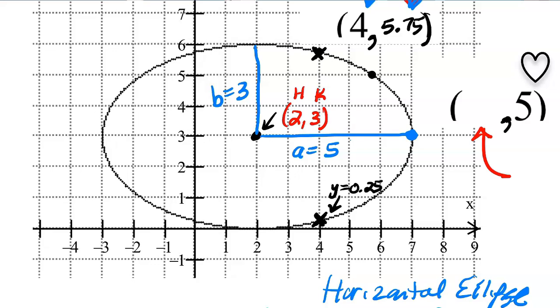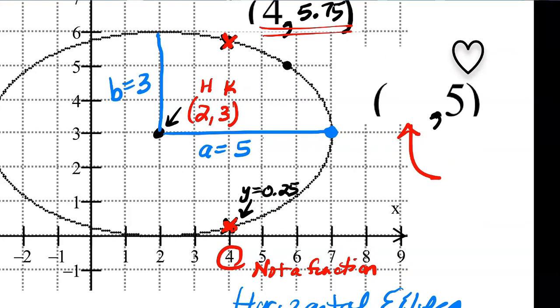So notice there are 2 times when x equals 4. So this is not a function, since it does not pass the vertical line test. There are 2 y coordinates for a single x coordinate. But we wanted the top one because we asked you for that point up there, so there it is right there.